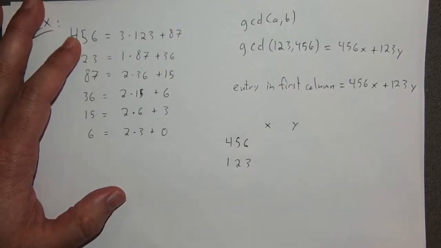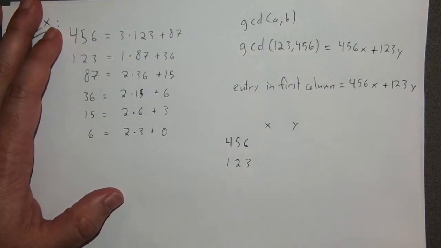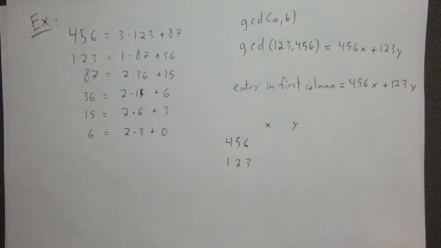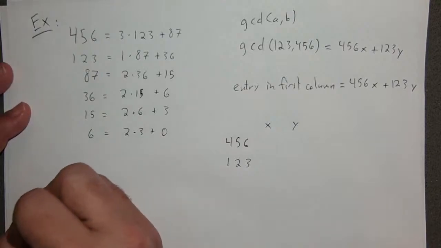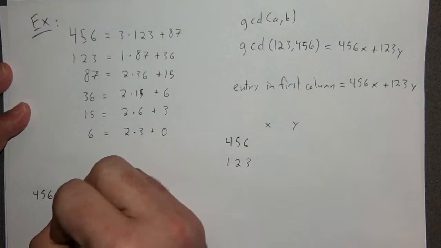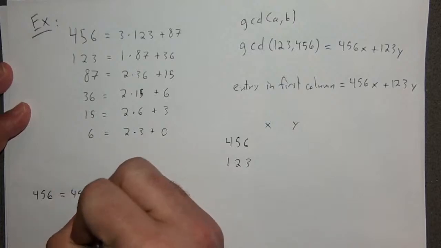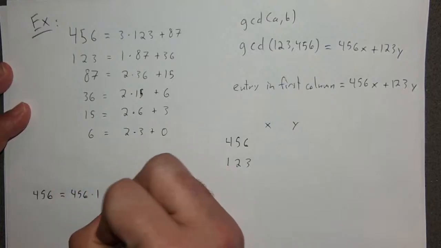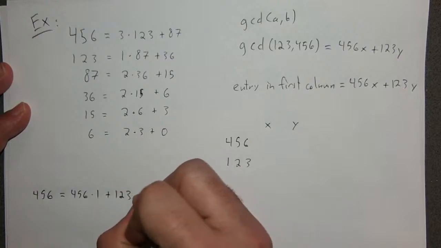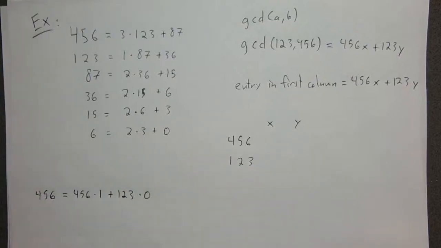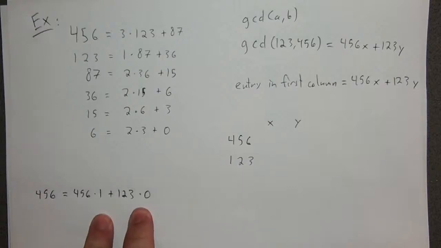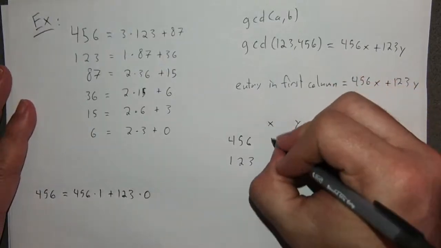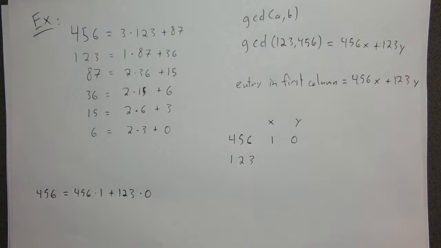Well, there's a trivial way of doing that, right? So I can trivially say 456 is 456 times 1 plus 123 times 0. That's an easy way to make that happen. And I'm going to transcribe that to these two entries.